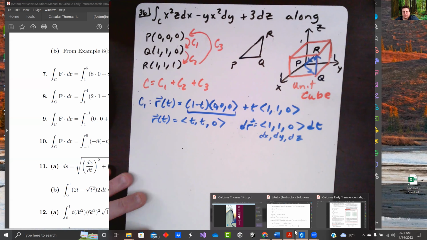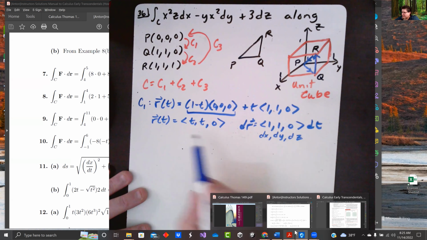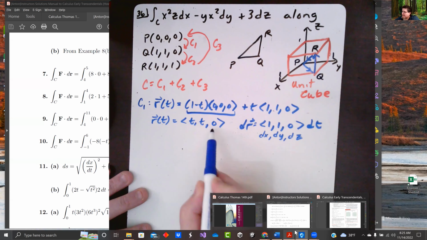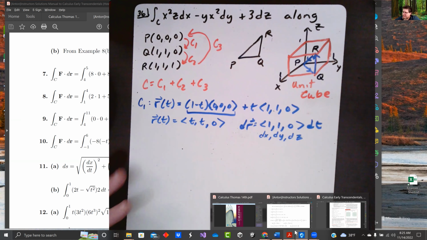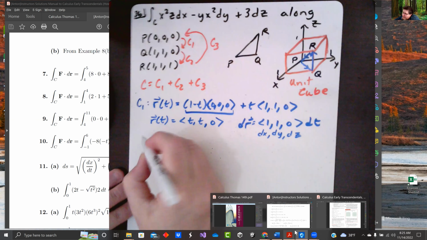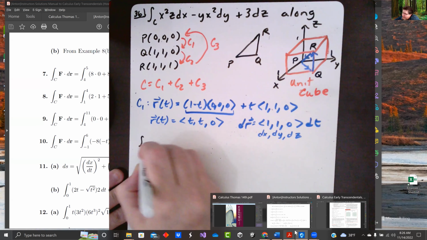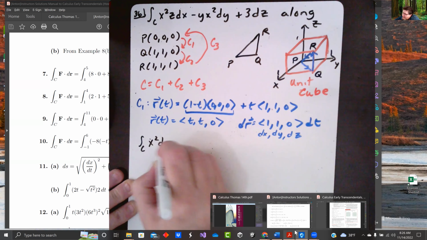So I know the x component is t, the y component is t, the z component is 0. Let's substitute that back in to our function. Our curve was, I'll rewrite it down here so it's visible again.